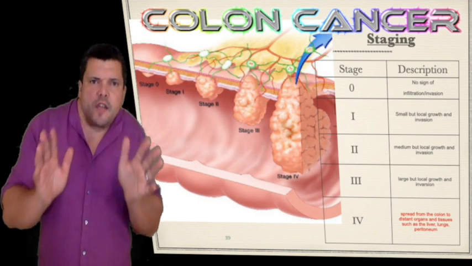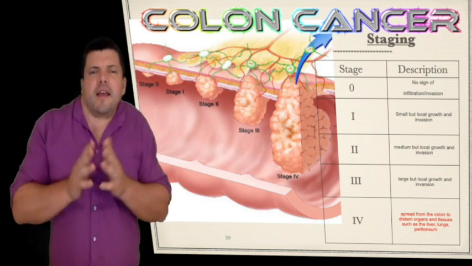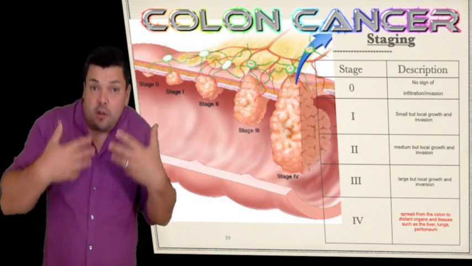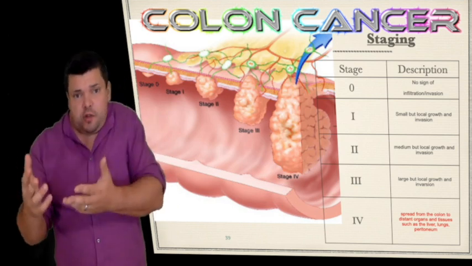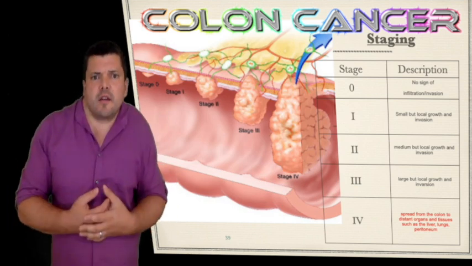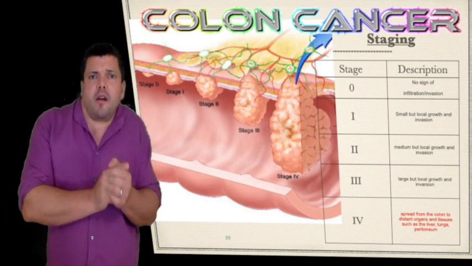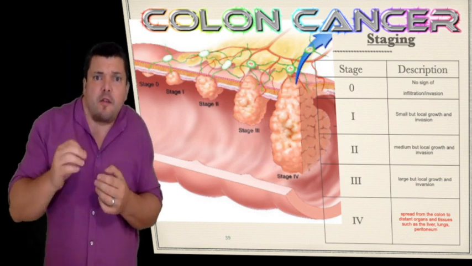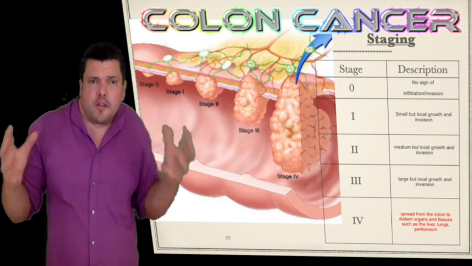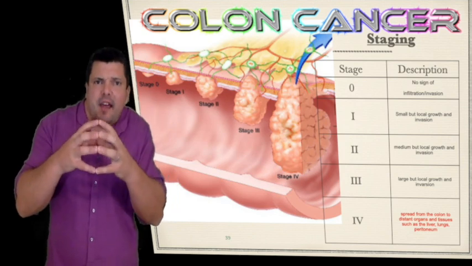There's only a few take-home ideas represented by this picture here. The first take-home idea is, as a colon cancer increases in stage, from stage 0 to stage 4, the larger mass it gets. In fact, the difference between stage 3 and stage 4 is the presence of metastasis. In stage 3, just as we said way back when we were talking about cancer, you still have a limited local mass.